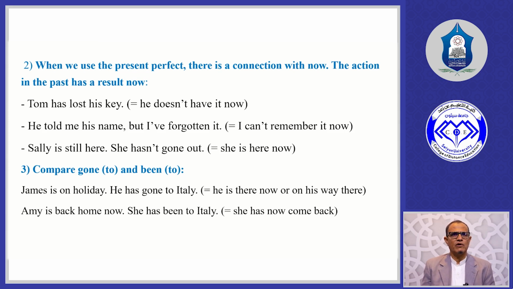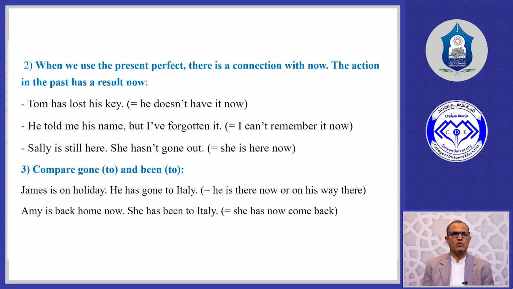Now we have one point that I want to explain here, which is to compare gone and been. What's the difference between gone and been? These are two past participles of the verbs go and be. What's the difference when I say, for example, I have been to Italy and I have gone to Italy?